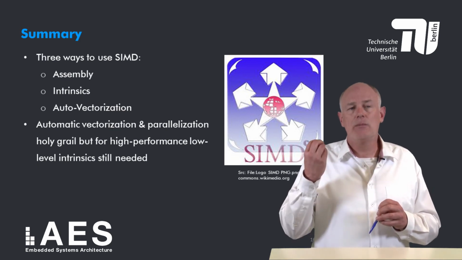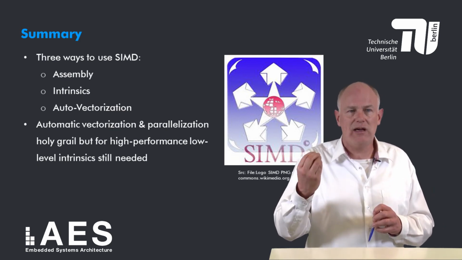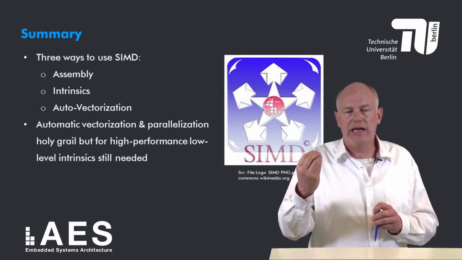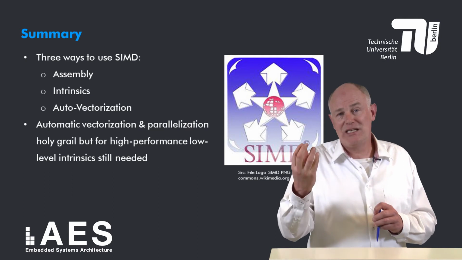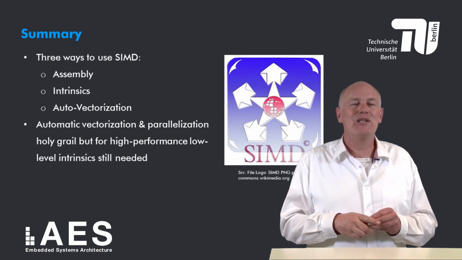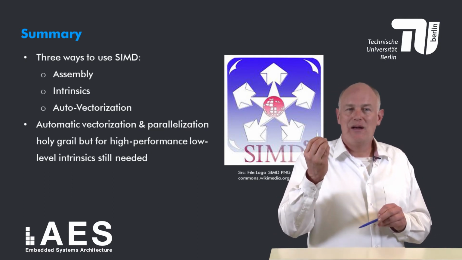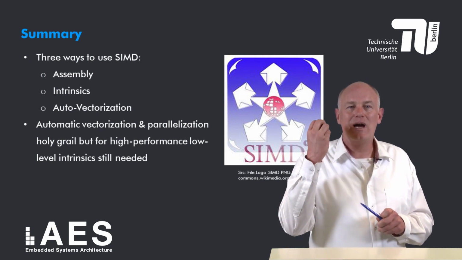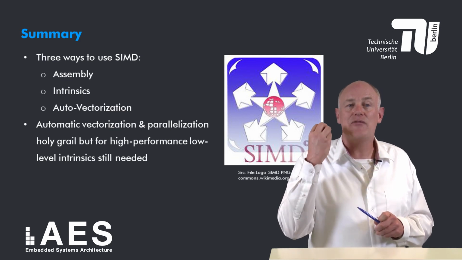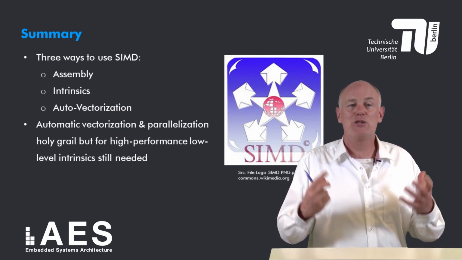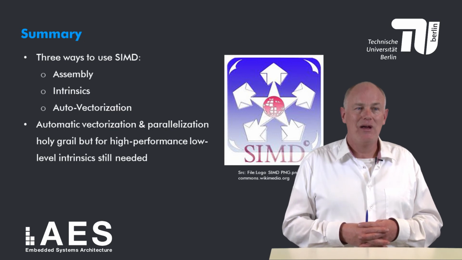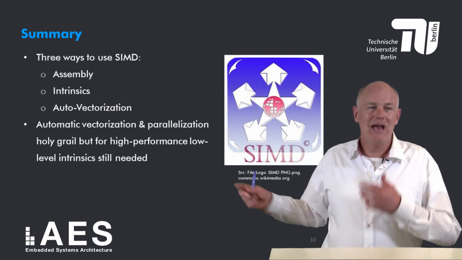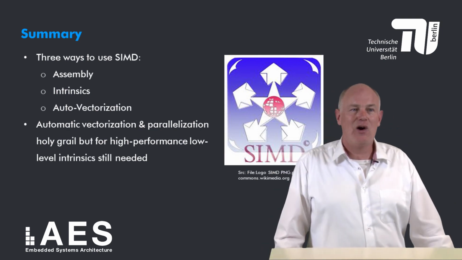The second possibility is to use intrinsics, which allows you to factorize all the code you can, because the compiler has to be very conservative, whereas the developer knows if certain pointers point to the same variable, and therefore knows that the loop is parallel and can be factorized. And the third approach is using auto-vectorization.